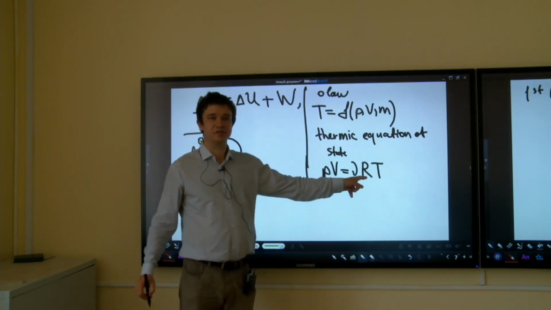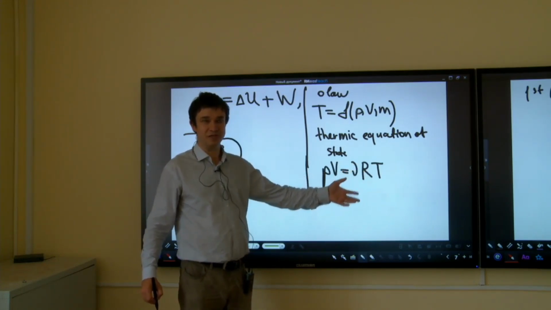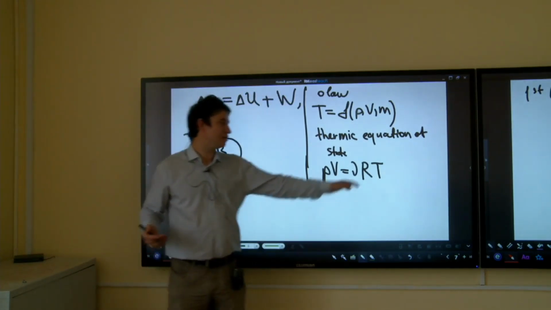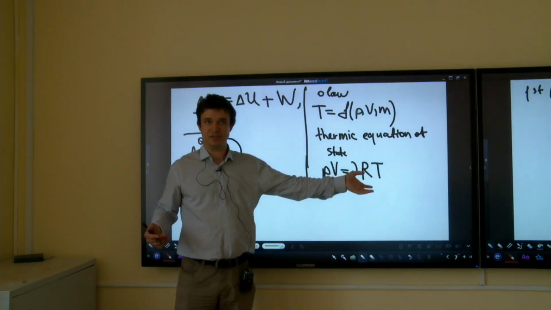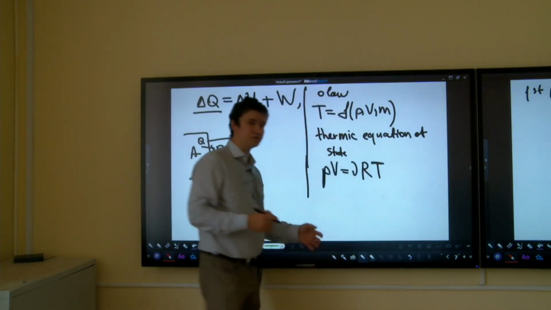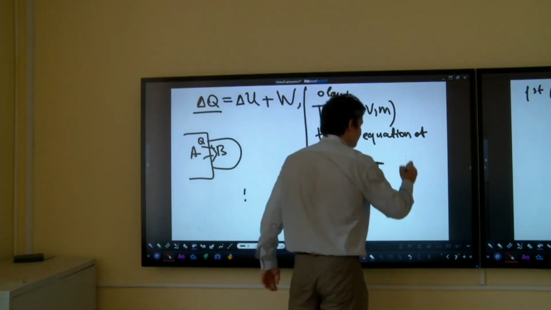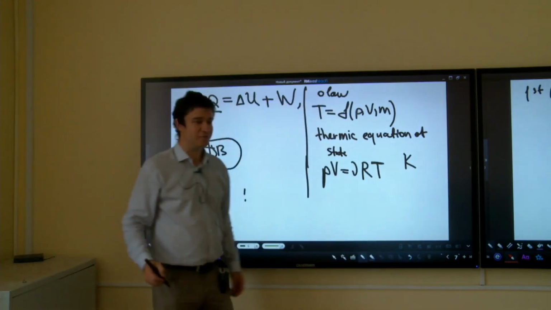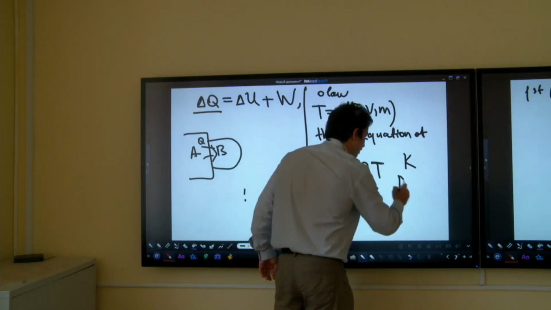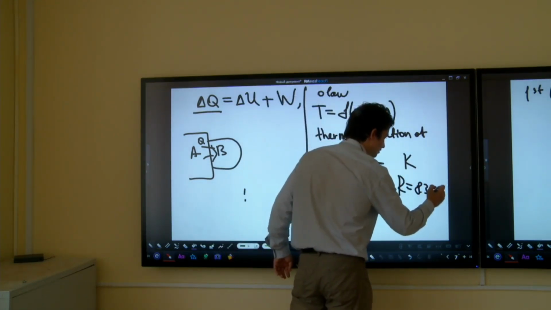The universal gas constant actually appears as a result of our convention, the choice of the temperature scale. If we choose the temperature scale differently, then this gas constant, of course, can change. But since we mostly use the Kelvin temperature scale in thermodynamics, the universal gas constant is 8.31 joule per mole kelvin.